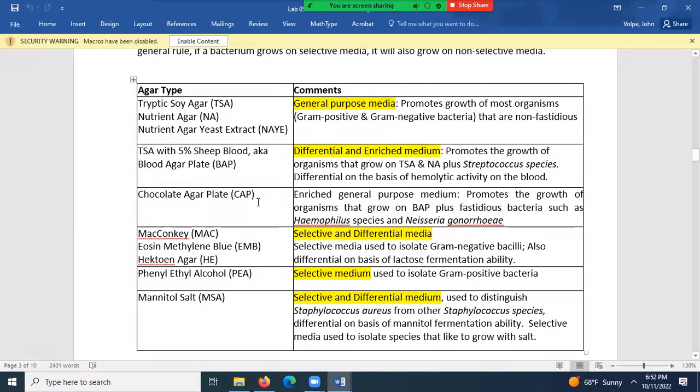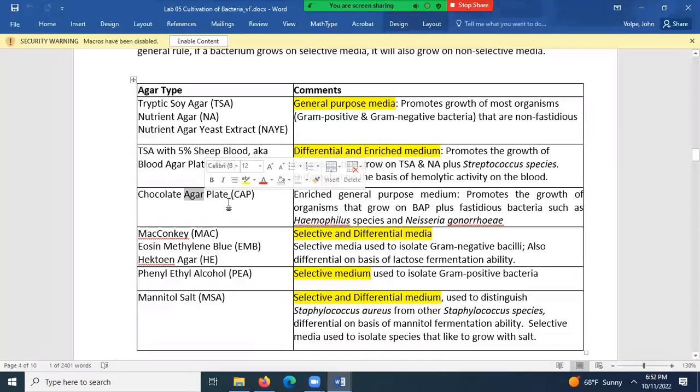Another enriched general purpose media is chocolate agar or CAP. Chocolate agar is the same as blood agar, except that the blood cells are added when the agar is steaming hot. That lyses the blood, releasing their nutrients into the media, but that changes the color from red to brown. And because the agar has a brown color, they call it chocolate agar, or CAP for chocolate agar plates.